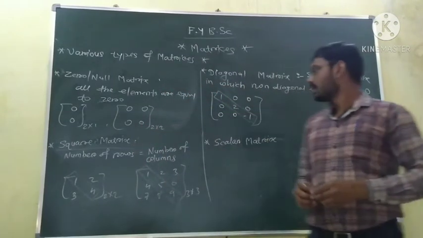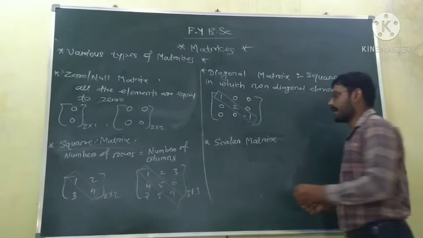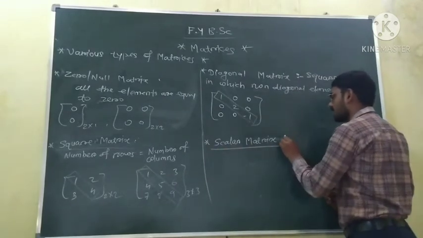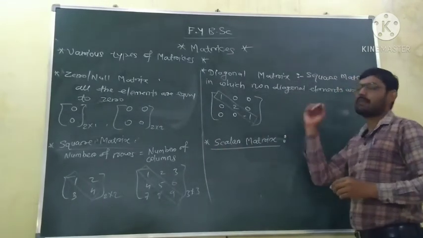The next type is the scalar matrix. A scalar matrix is nothing but a particular case of a diagonal matrix.